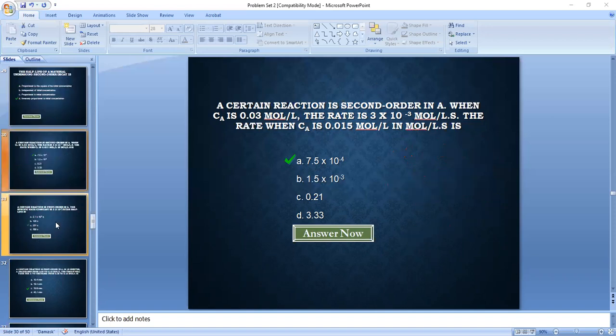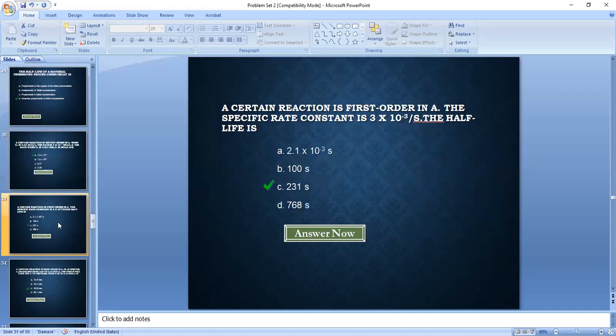Now we go to the next. A certain reaction is first order in A. The specific rate is 3 times 10 raised to negative 3 per second. The half-life is, so you need to know the formula. The half-life for a first order reaction is 0.693 over the rate constant.